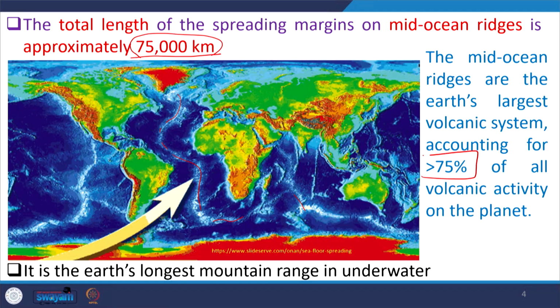But the volcanoes distributed in the mid-oceanic ridge represent more than 75% of all volcanic activities on this planet, and it is the longest mountain range underwater.